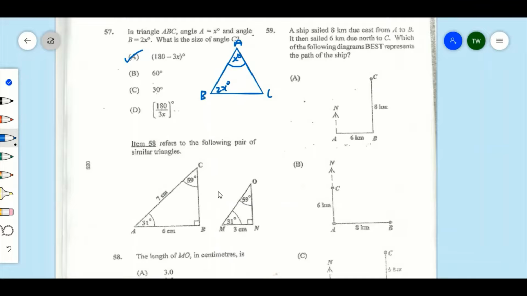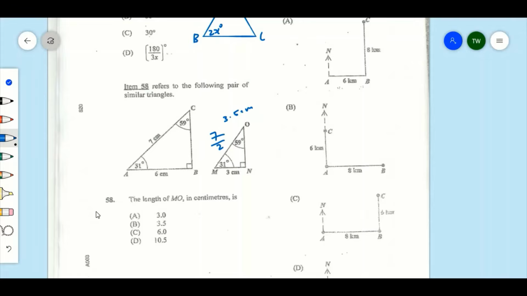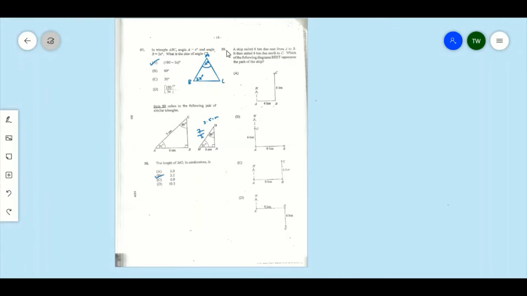So MO here is going to be 7 divided by 2, and as a decimal, this is going to be 3.5 centimeters, sorry. So the answer for 58 is going to be B, which is 3.5. Okay.